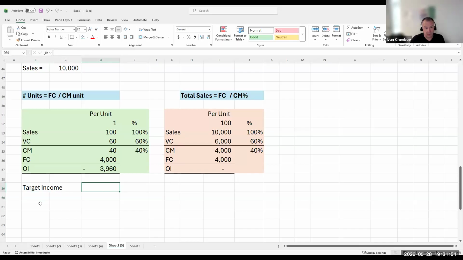Now remember, at the break-even, our operating income is equal to 0. So now we want to change that operating income not to be 0, but to be something else. So give me how much target income you want to achieve. Give me some number between 10,000 and 50,000.